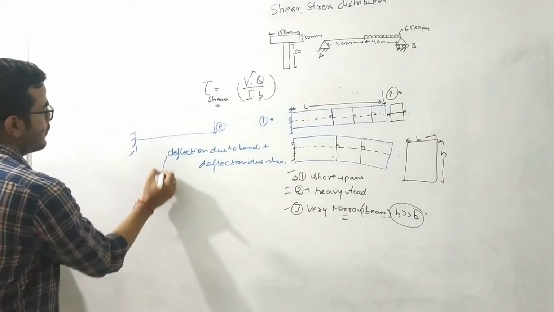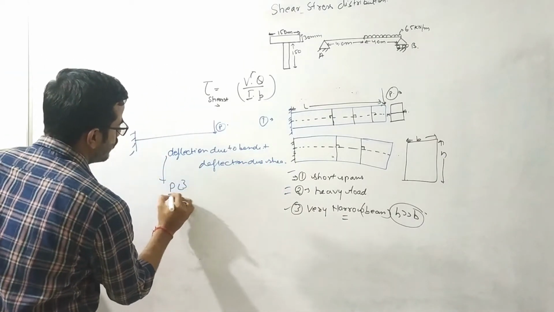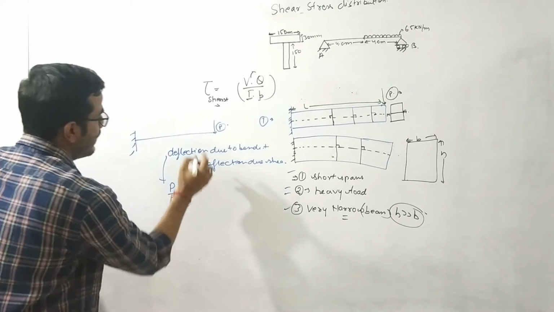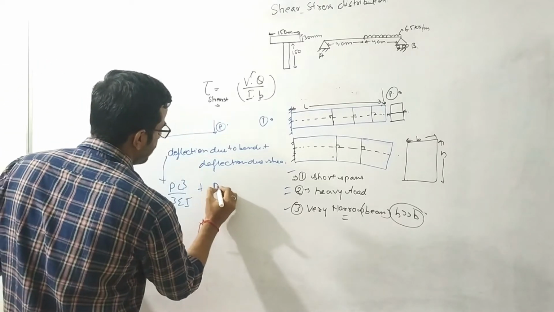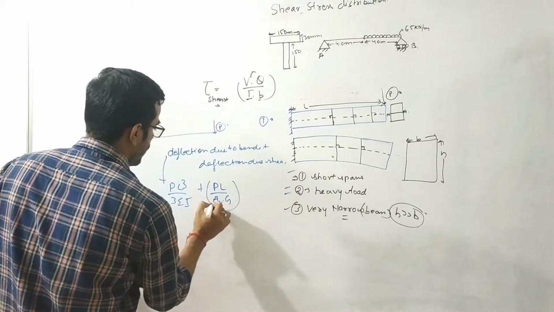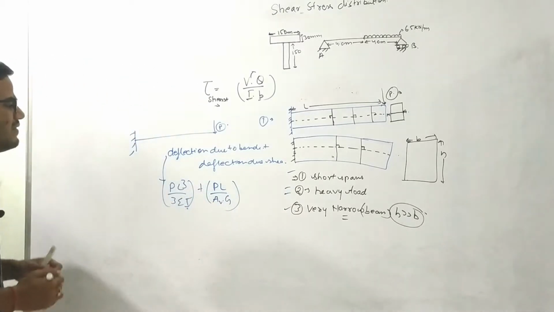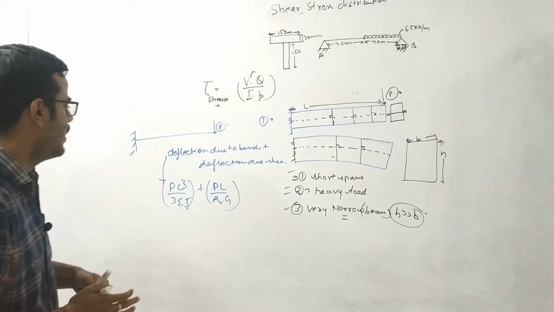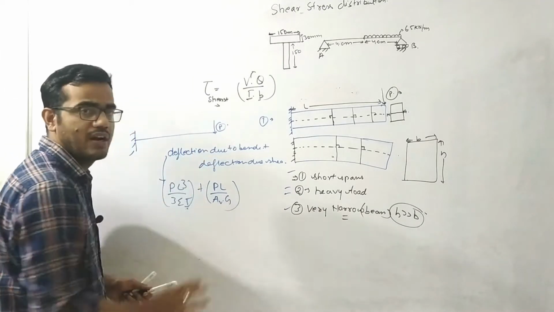Deflection due to bending will be PL cubed upon 3EI, and deflection due to shearing will be PL over A_V into G. So you can see over here, when my span is very large.